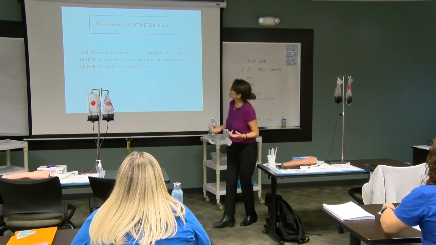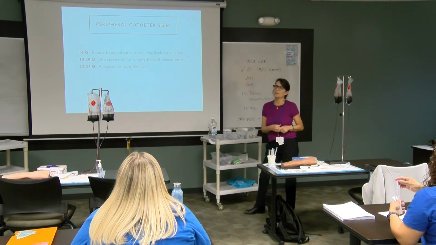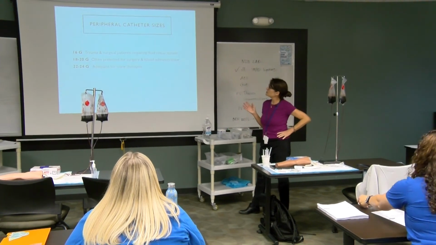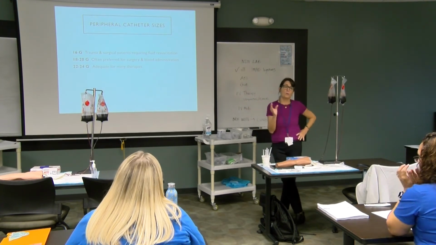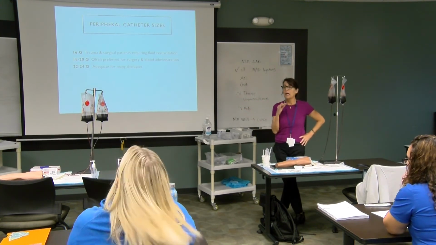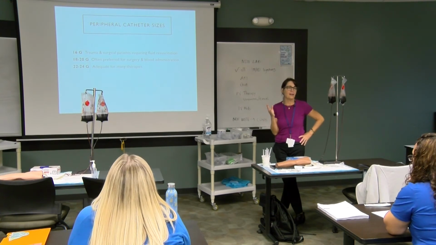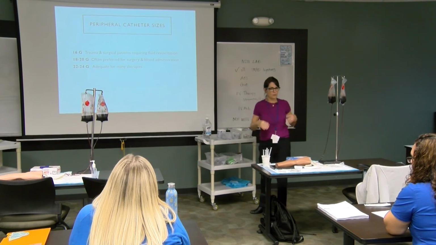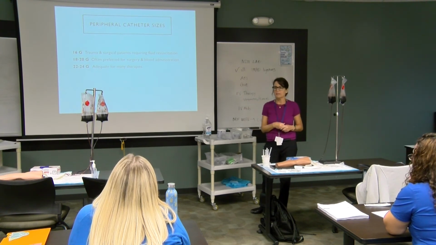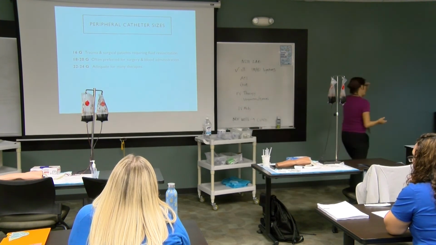I mean, surgical patients, maybe if the patient's not doing well, but 18 to 20 is common for surgery. Some hospitals require 18 gauge for blood. Otherwise, 20 is okay. And then 22 to 24 is usually fine for maintaining fluid, giving IV meds on the floor. So be aware of those sizes.